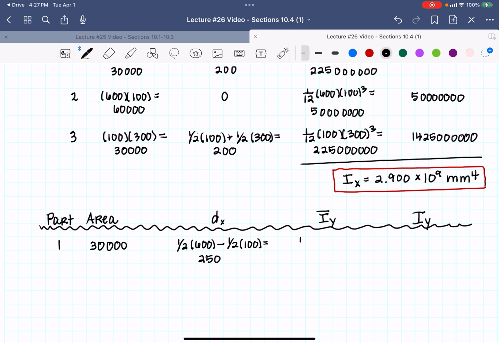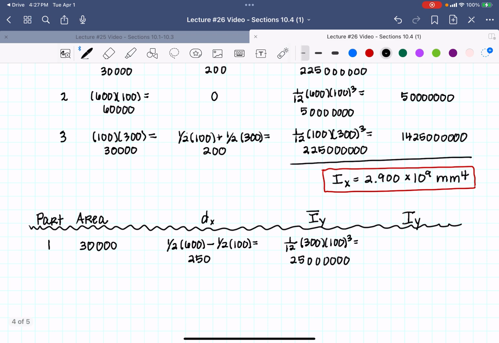And its I of y is 1/12 times 300 times 100 cubed, which equals 25 followed by more digits. A little bit different.